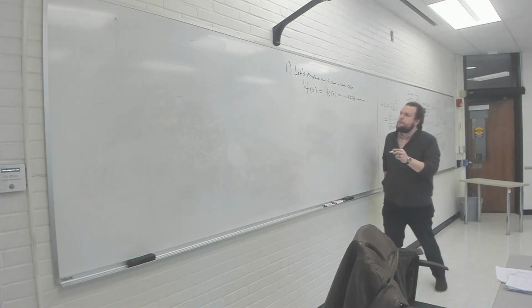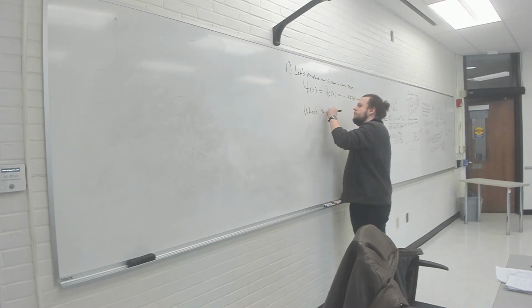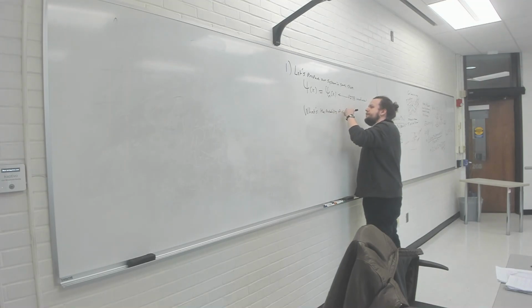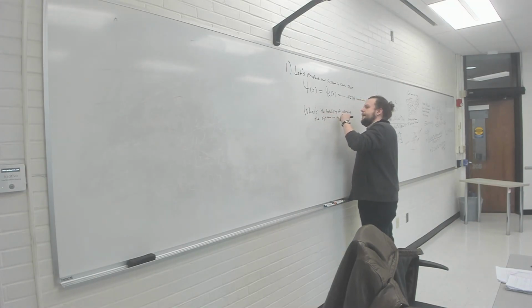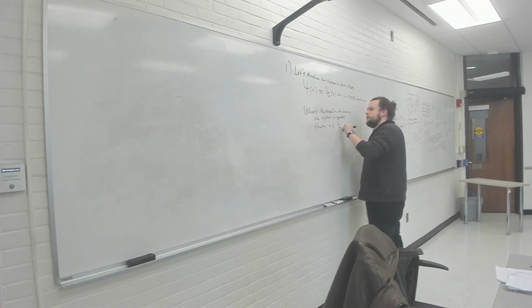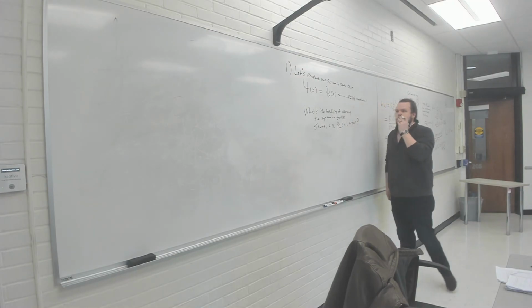Okay, so what's the probability of observing the system in another state, e.g. psi m of x, where m is not equal to n?